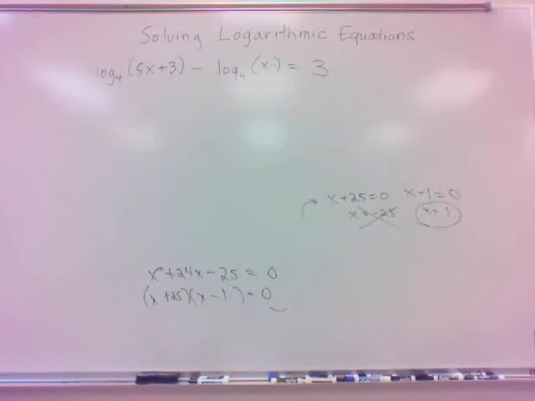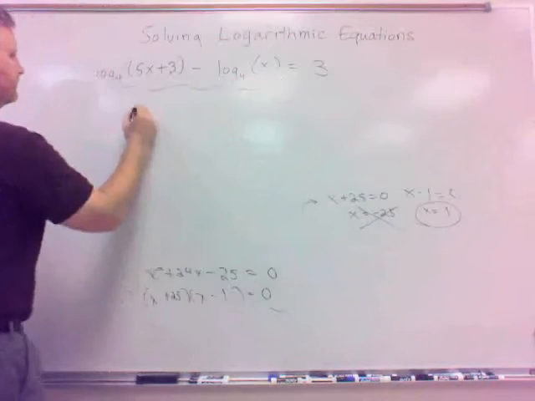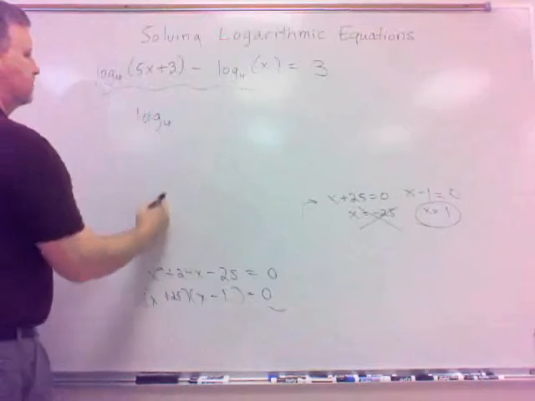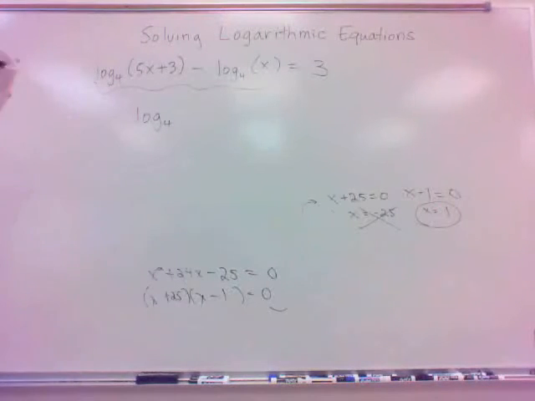Well, same story here. I've got two logarithms on the left. I need them to be one logarithm on the left, so I need to condense these. However, if I condense these to 1 log base 4, the logs originally are subtracted, so I don't multiply the insides. What do I do? That's divide, yeah.